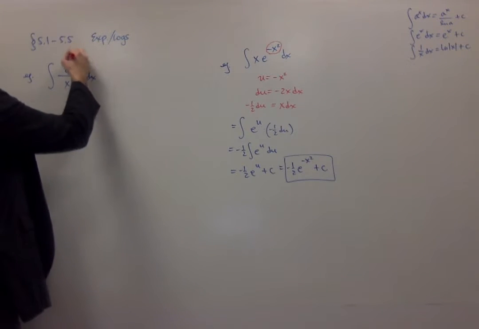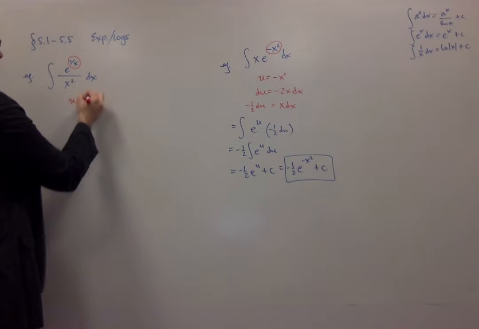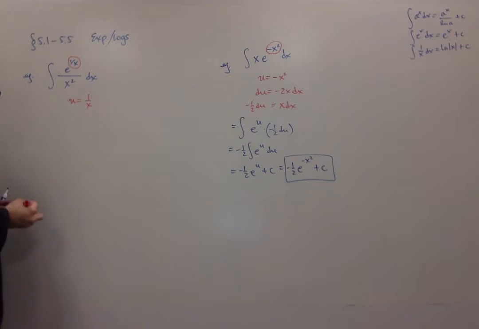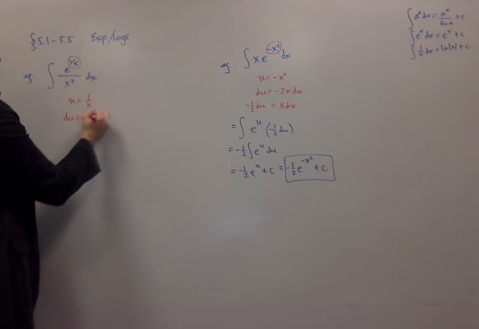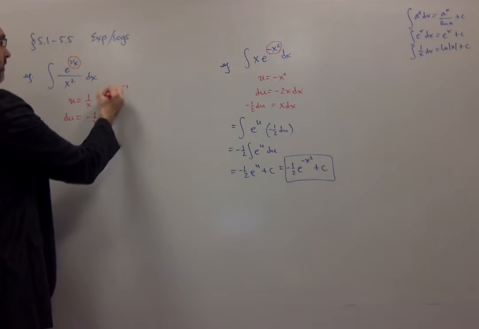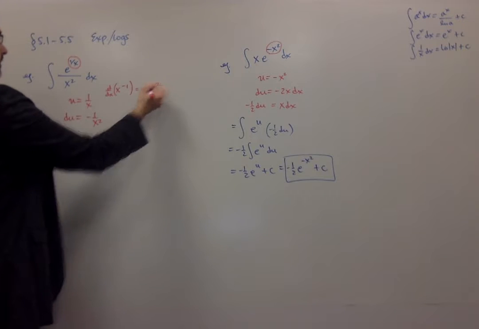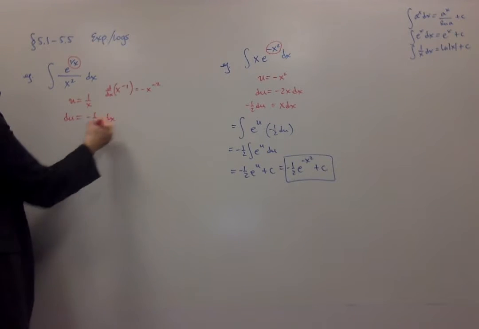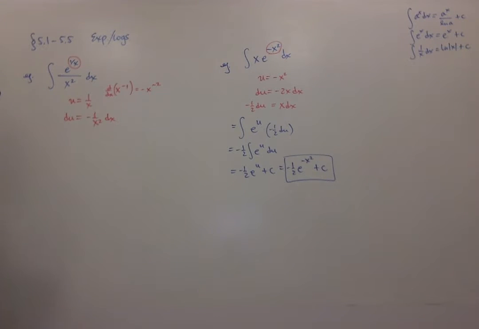Notice I have a composition here, e to the something, so I'd be tempted to let u equal that something. And if you remember the derivative of 1 over x is negative 1 over x squared, so the derivative of x to the minus 1 is negative x to the minus 2. So this 1 over x squared part is actually my du.